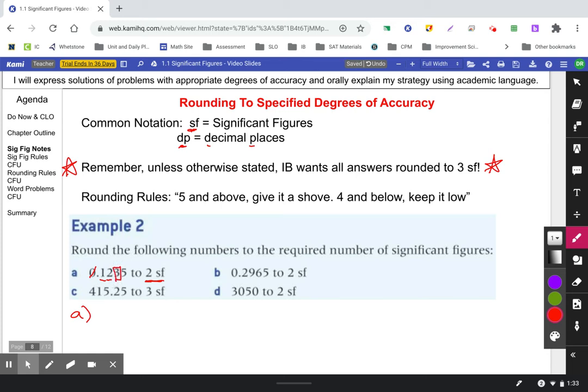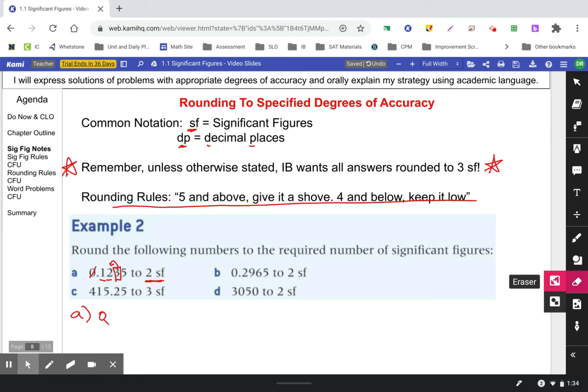And this is where we're going to apply our rounding rules of 5 and above, give it a shove, 4 and below, keep it low. So this 3 is 4 and below, so we're going to keep things low. So this is telling us how to round this 2. It's saying to keep it low, so we're going to keep it as a 2. So this number just rounds to, whoa, that doesn't look right, does it? Apologies.